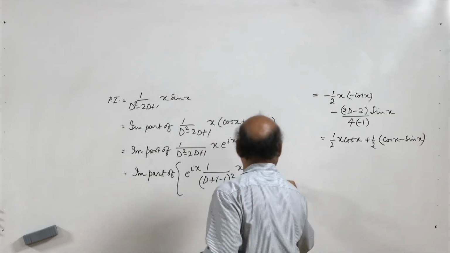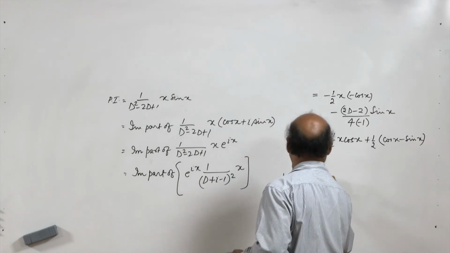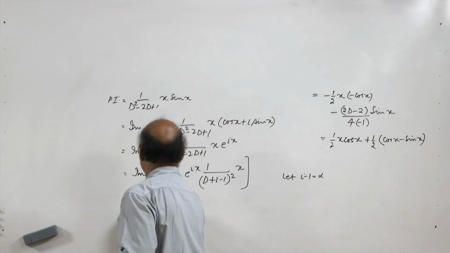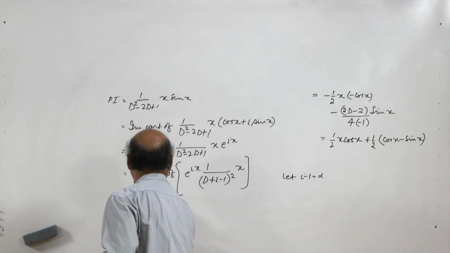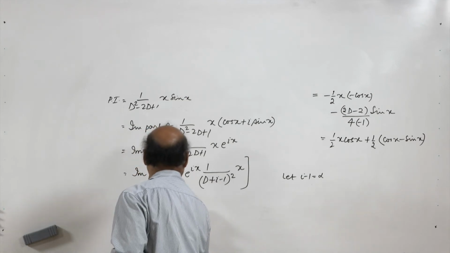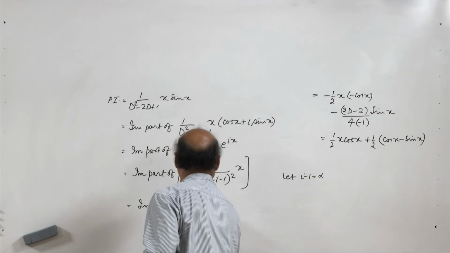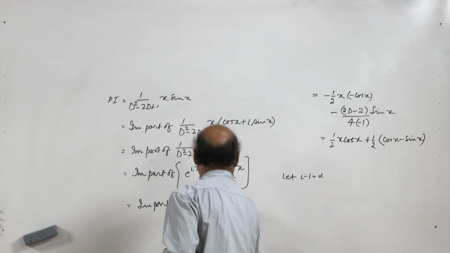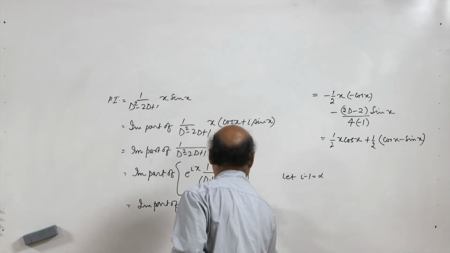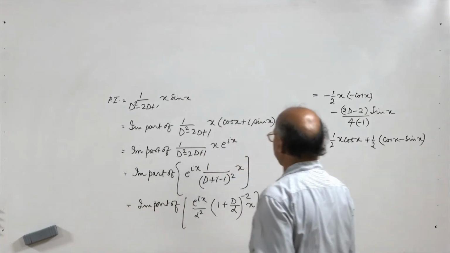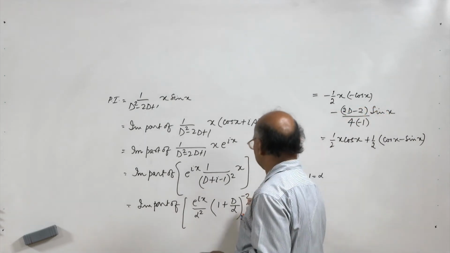Let us assume that i minus 1 is equal to some alpha, then this is e to the power ix by alpha square, 1 plus D by alpha raised to the power minus 2.